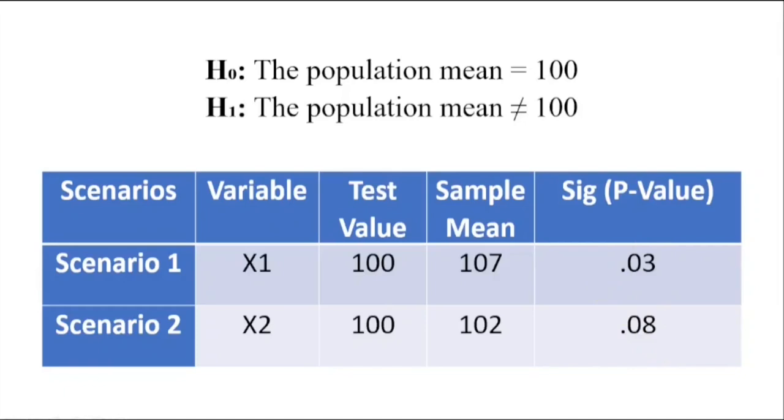Now, in scenario 1, with variable x1, the sample mean is 107 and the p-value is 0.03. As you can see, the test value is 100 and the sample mean is 107, which is 7 units greater than the test value.